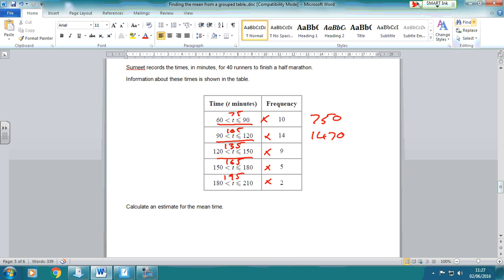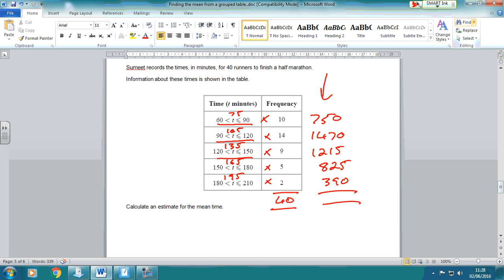135 times 9 is 1,215. 165 times 5 is 825. 195 times 2 is 390. We then add the frequency, we then add the column that we've just made, so that's 40.